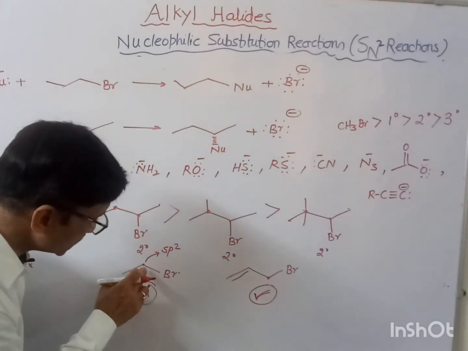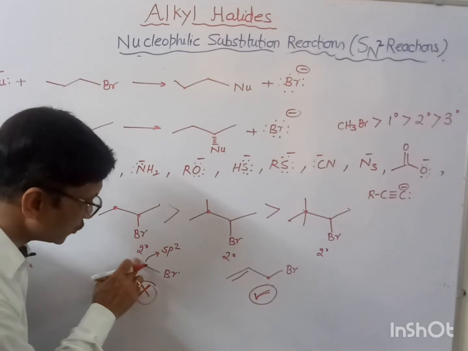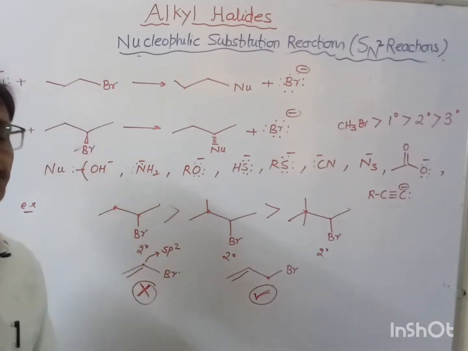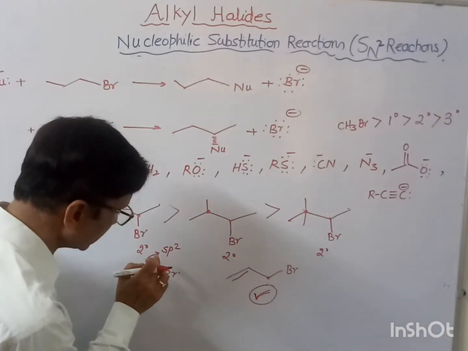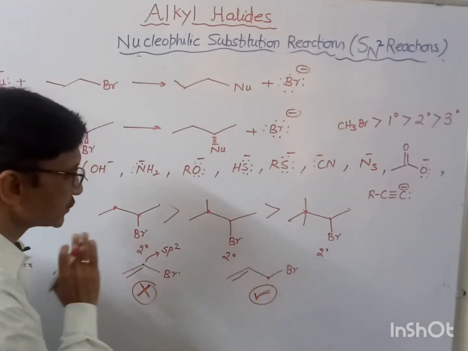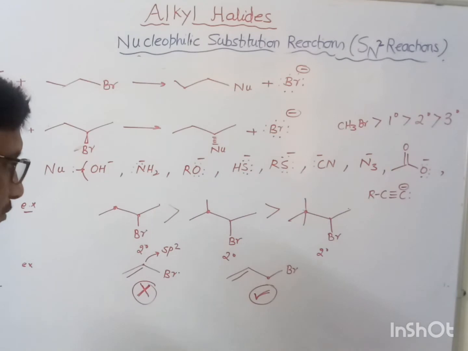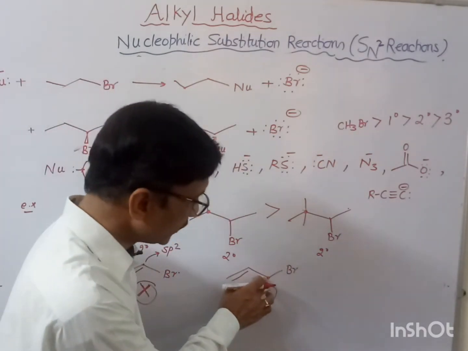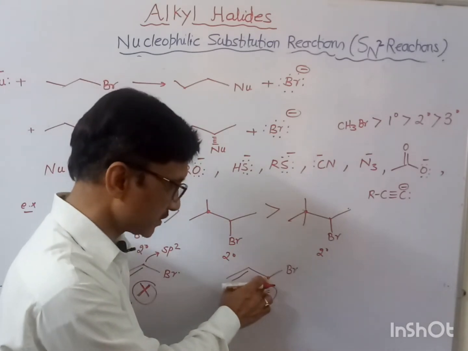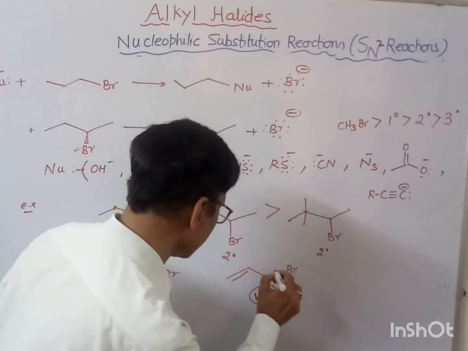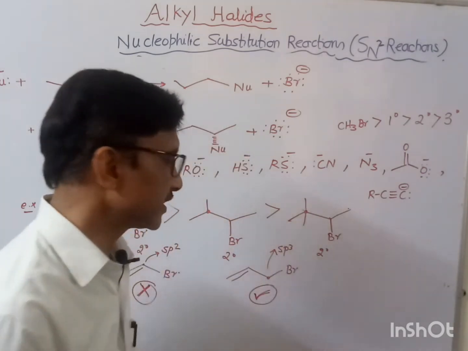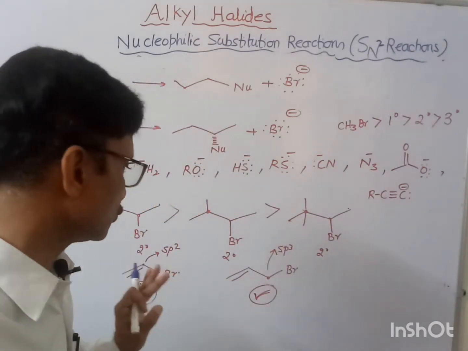So due to this electronegative carbon, this will not give the nucleophilic substitution product, whereas here the substitution will take place at this carbon center, which is the sp3 hybridized carbon center. So that's why this can give the substitution product.